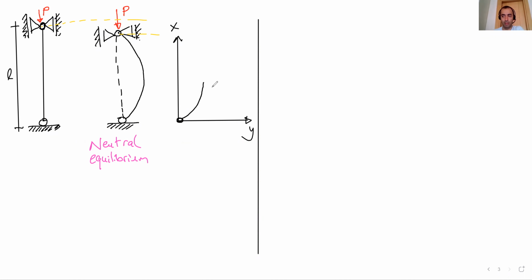I cut the member and take it out here, the curved member. So here we have Y, and here we go X for this point. At this point, what we have is a vertical load and also a moment.